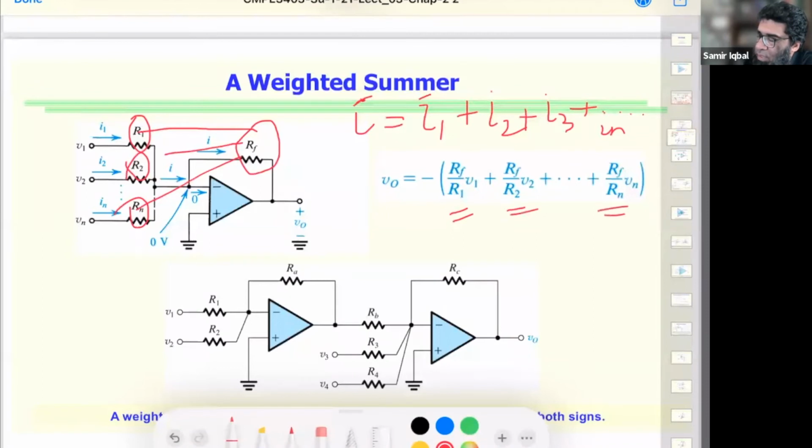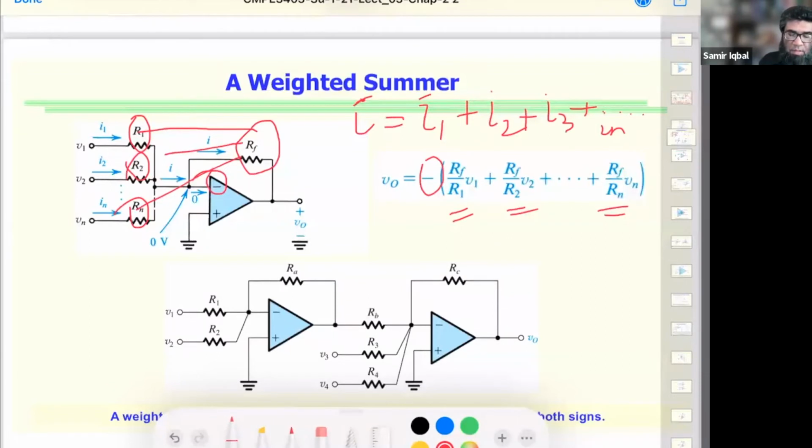All right, so all the currents are being summed up, and the feedback loop is getting the weighted sum of the input signals. But the inputs are all coming to the negative, the inverting terminal. So we have the negative on upfront.